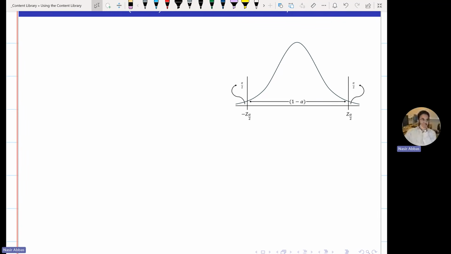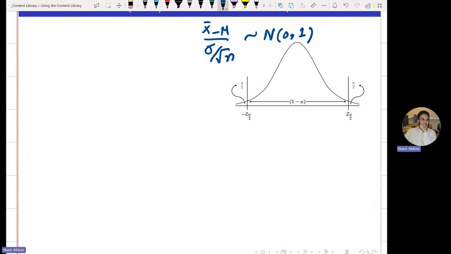Now, this slide is not covered in your syllabus, but this is for your interest, how we get to the interval estimate of mu. In chapter 7, you said that x bar minus mu divided by sigma over root of n follows what distribution? With what mean?